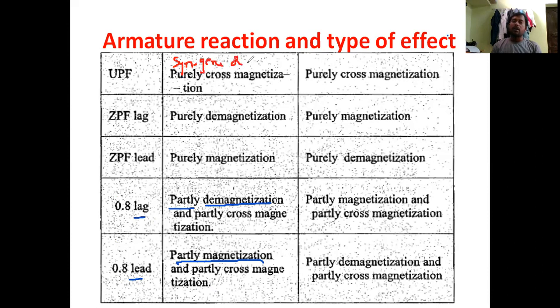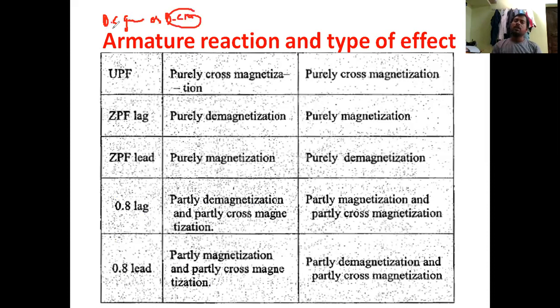This is all for the synchronous generator or alternator. But in competitive exams, you may get questions on the synchronous motor also. The synchronous motor is opposite to the synchronous generator in armature reaction. You can say the DC generator is opposite to the DC motor.